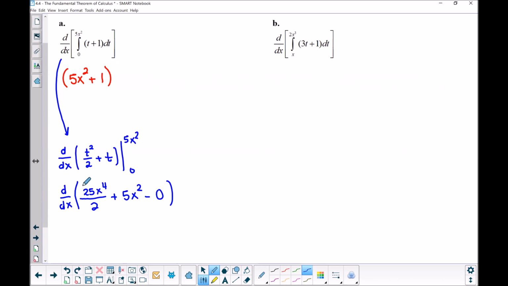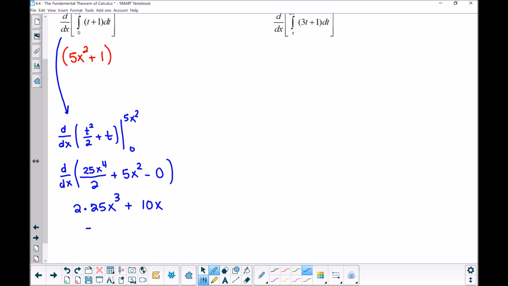So the 4 comes in front, cancels with the 2. So I guess I could write that as 2 times, and then I would have 25x cubed, right? Hopefully everybody follows that. Basically, it's 4 over 2, 25x to the 3rd. And then that's an easy derivative, 10x. So when all is said and done, the answer should be 50x cubed plus 10x.